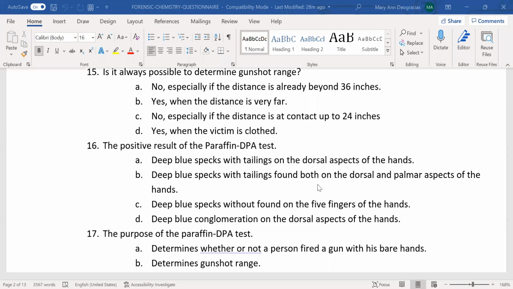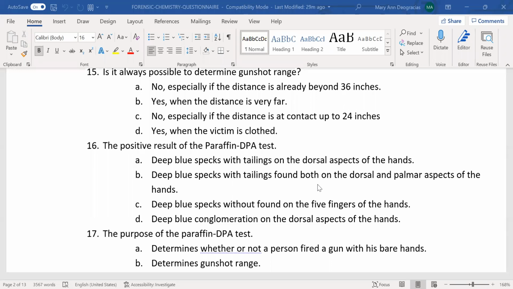C, deep blue specks without tailings which are found on the 5 fingers. D, both blue conglomeration on the dorsal aspects of the hands. Our answer is letter A. Yung B kasi guys, pagka B ang sagot, that might be nitrates coming from different substances, except for nitrate residues na galing sa baril. Kasi yung letter A, that's the positive result for the DPA paraffin test.